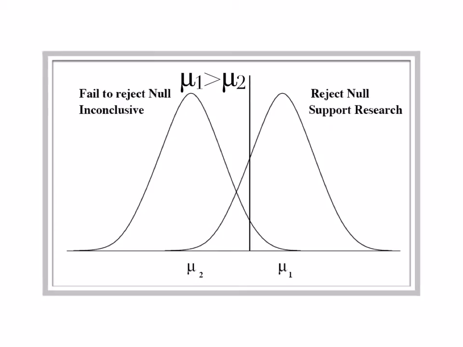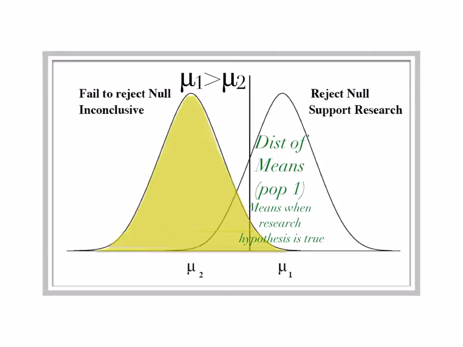In this situation, the mean of distribution 1 is greater than the mean of distribution 2. So this is our comparison distribution, population 2, and it's everything under that curve there. And then we have our distribution of means, our population 1. These are the means when the research hypothesis is true.